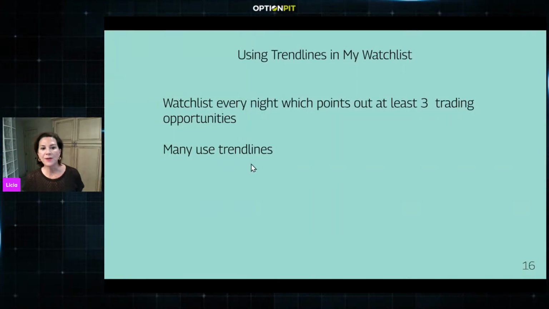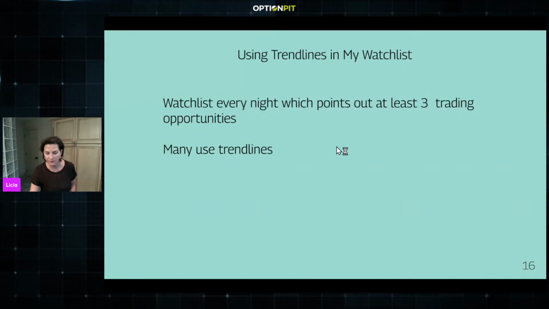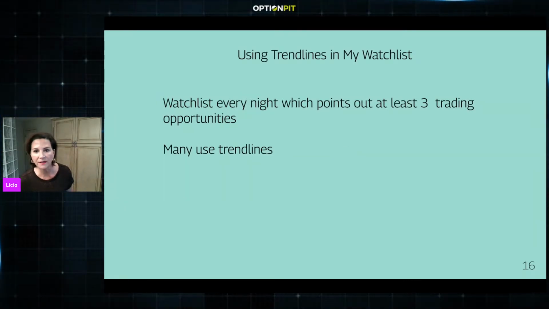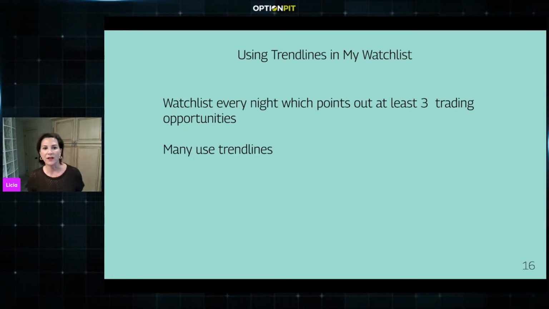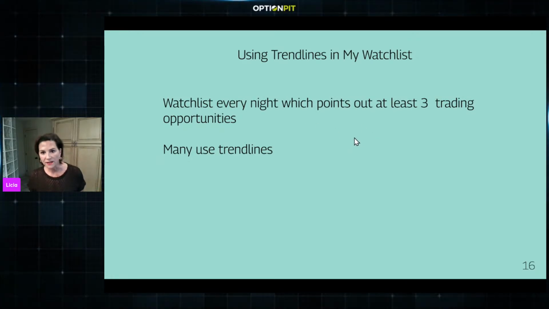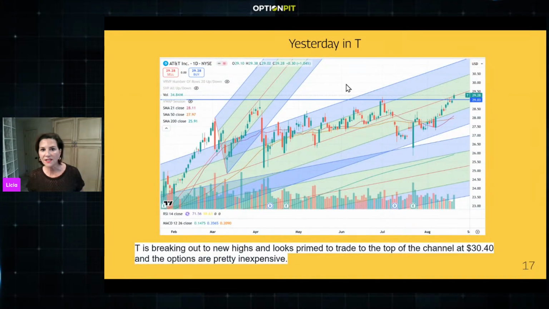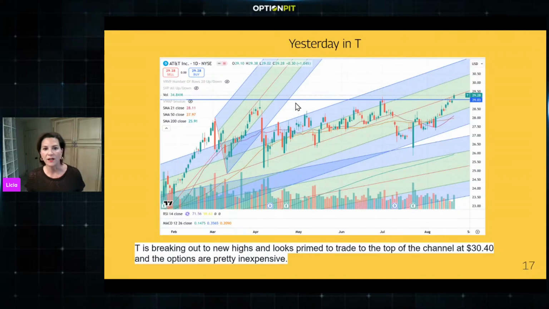So let me show you how I have every night for Small Account Challenge, I send out a watch list. These are my stocks I'm looking at. Maybe we have some trade ideas developing. And I show at least 3 stocks. And a lot of times I use the trend lines. Yesterday I wrote about telephone.